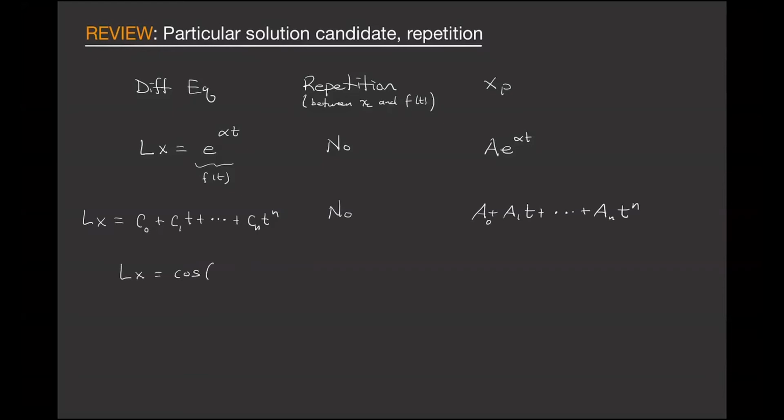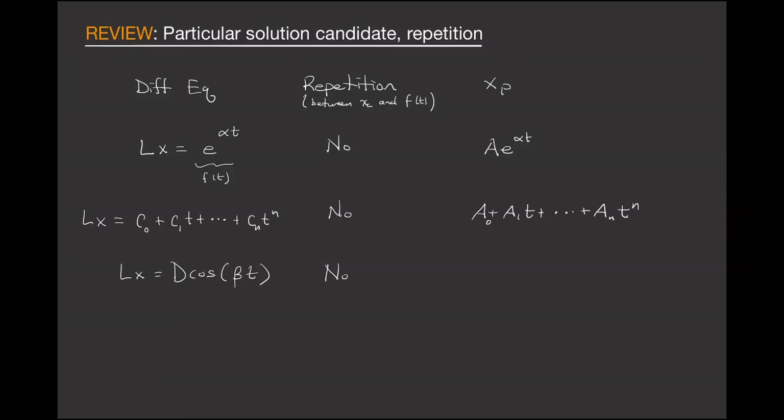But let's say for a second we just have cosine, and it doesn't matter if there's something else in front of it. Let's say you have, I don't know, how about D, some constant. If there's no repetition, you can essentially just put the same thing.